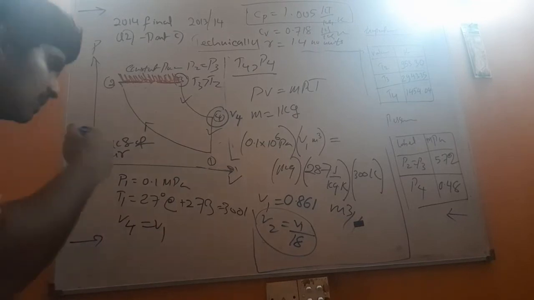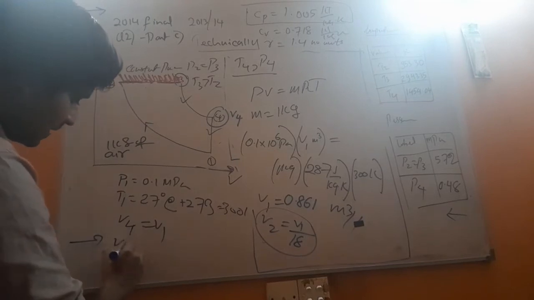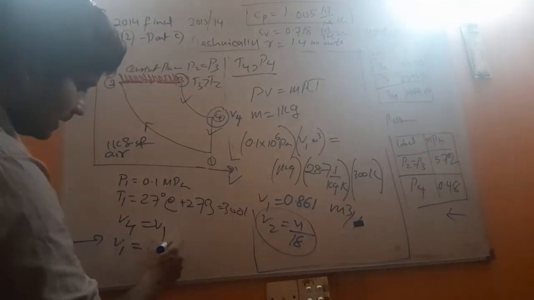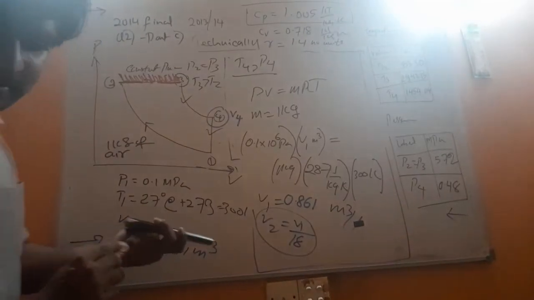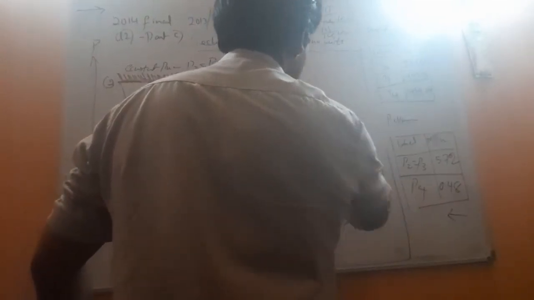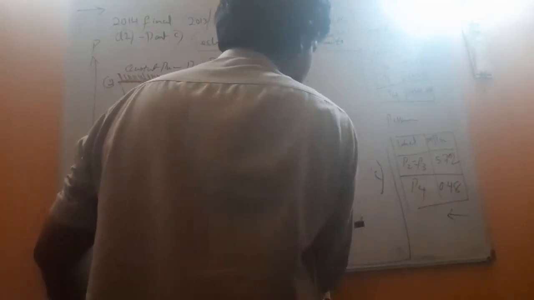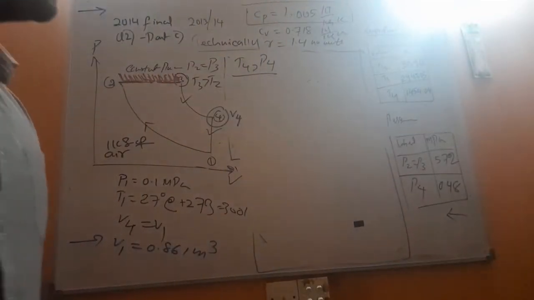Okay, so let's write that here. What is the V1 that we have calculated? 0.861 meter cube. Right, so let's erase that. Now we are going to find T4 and P4 by a different method.